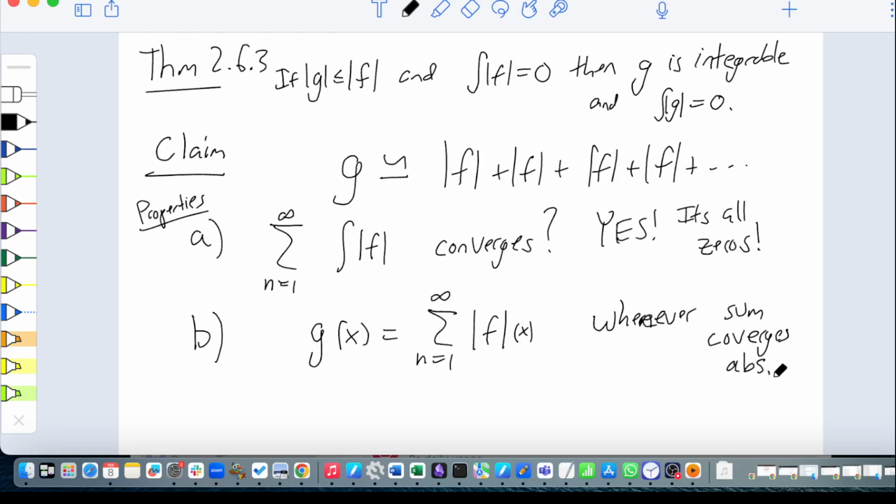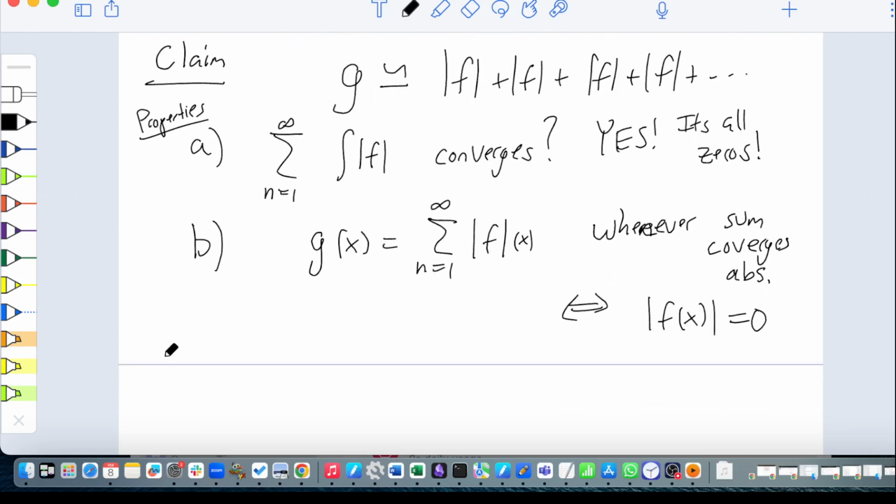But when can the sum converge absolutely? You're adding up infinitely many copies of a number. It converges absolutely exactly when f of x equals 0. So we only have to check that this equals that when the absolute value of f of x equals 0. And when it does, it is true that g of x equals this stuff. Why is it true?